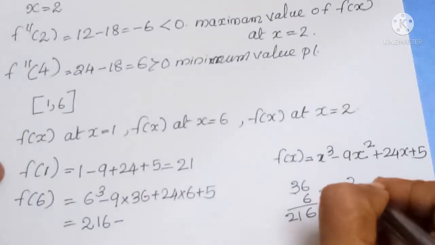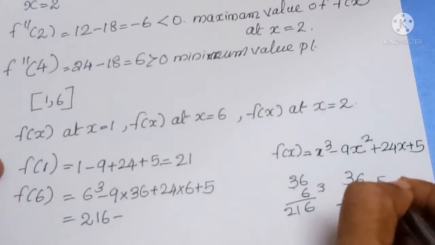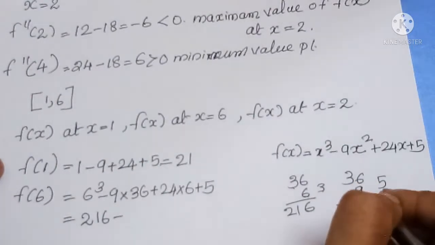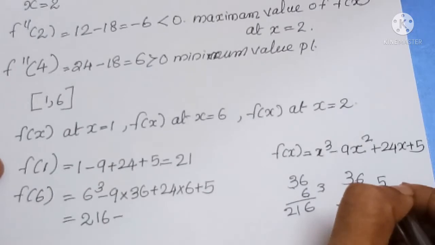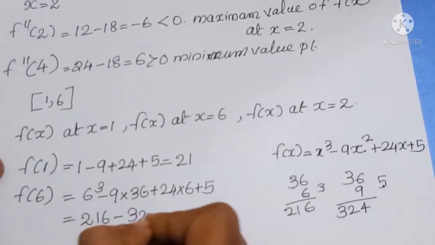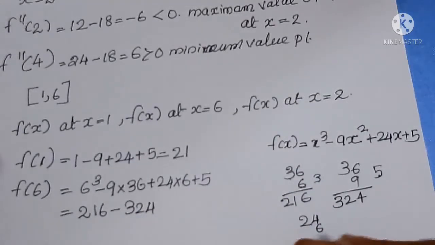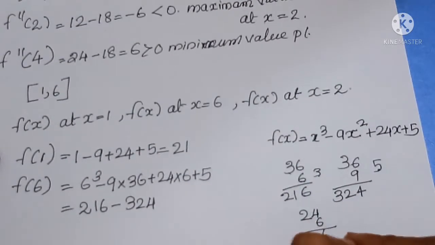Then 36 into 9 is 324. Then 24 into 6 become 144.